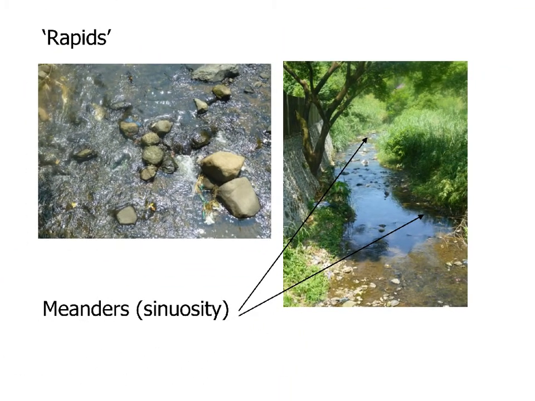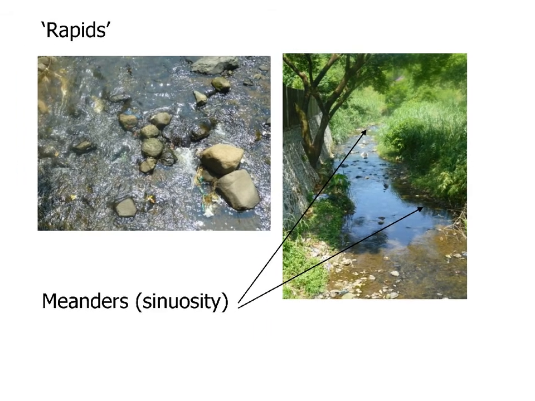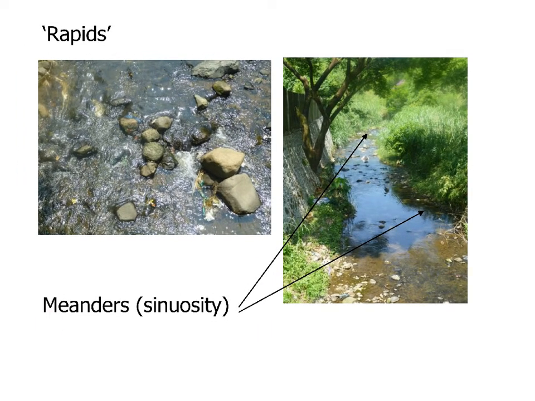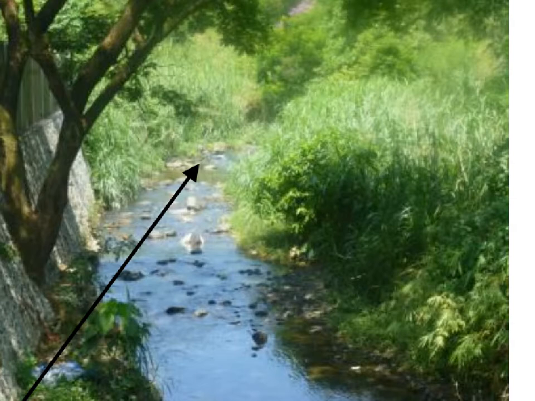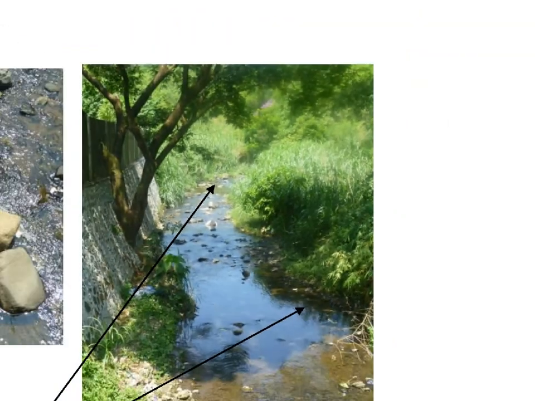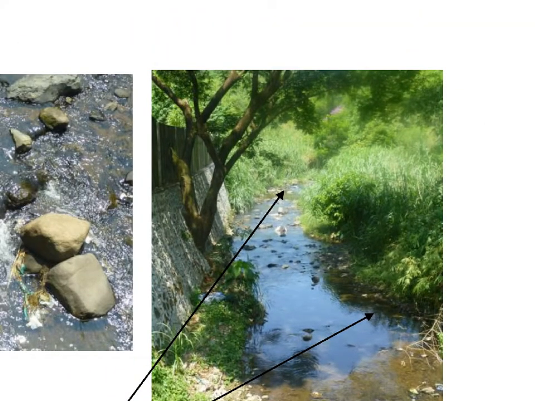Alright, this one is a picture where you can see some meanders, or you can see the sinuosity of the stream through this part here. So up in there, the stream curves around. If you could see it, actually, the stream curves all the way around back here until it comes around to the stuff that you were seeing on the previous slide.